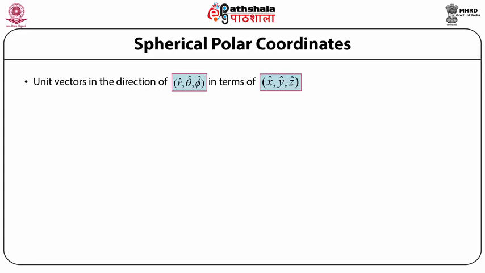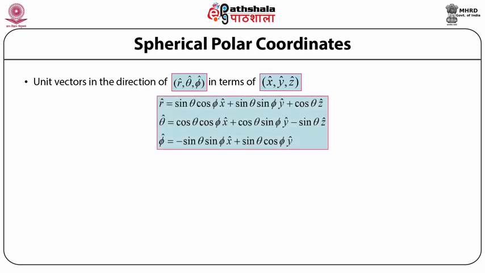And these unit vectors, in terms of the unit vectors of the Cartesian coordinate system, that is unit vector x, unit vector y and unit vector z, are given by the relations: unit vector r is equal to sine of theta times cos of phi times unit vector x plus sine of theta times sine of phi times unit vector y plus cos of theta times unit vector z.